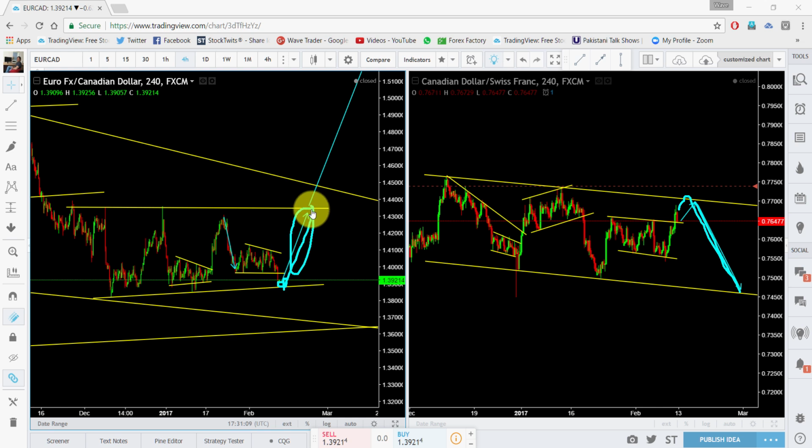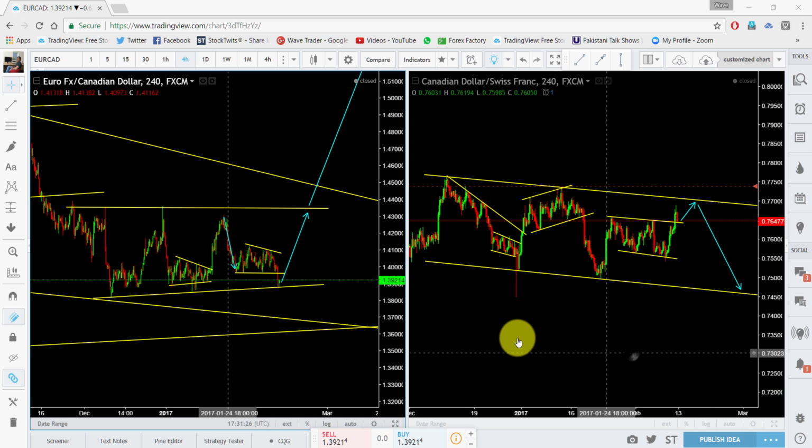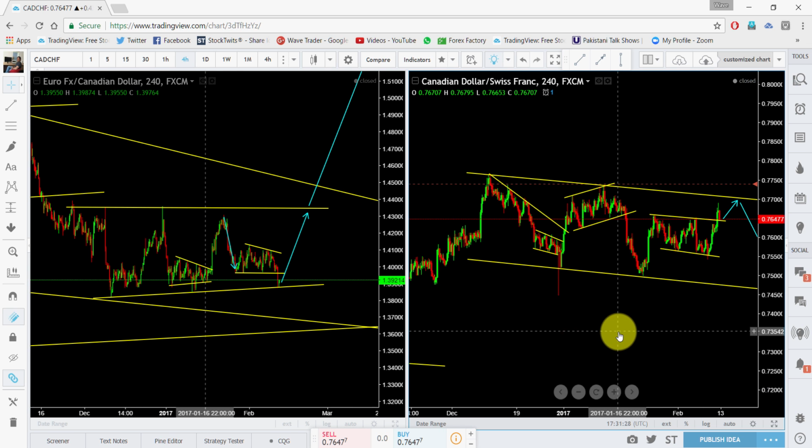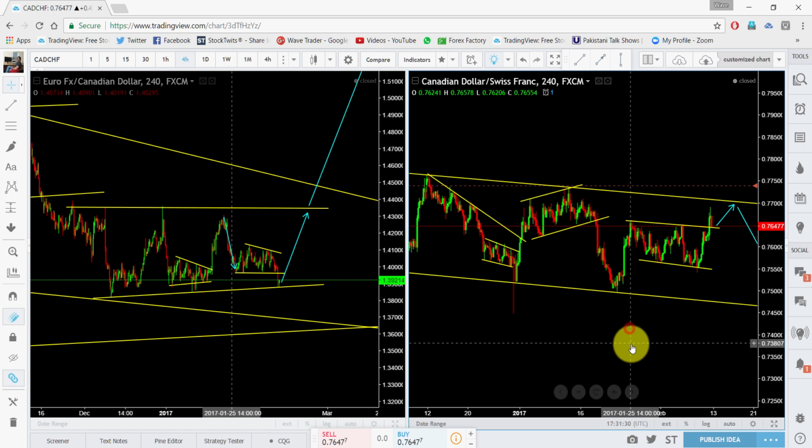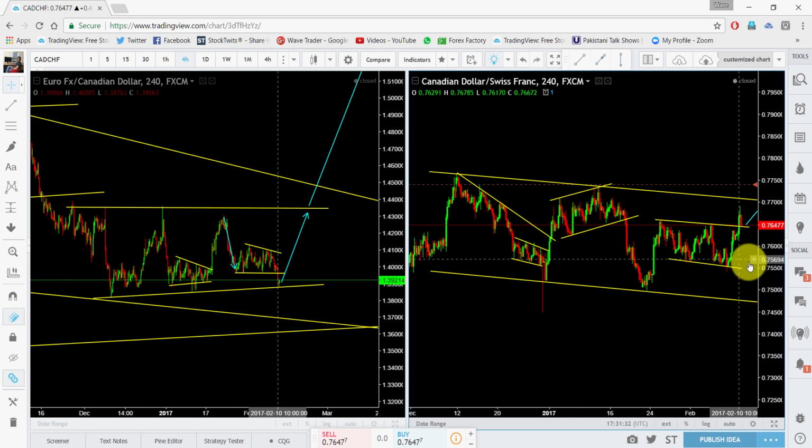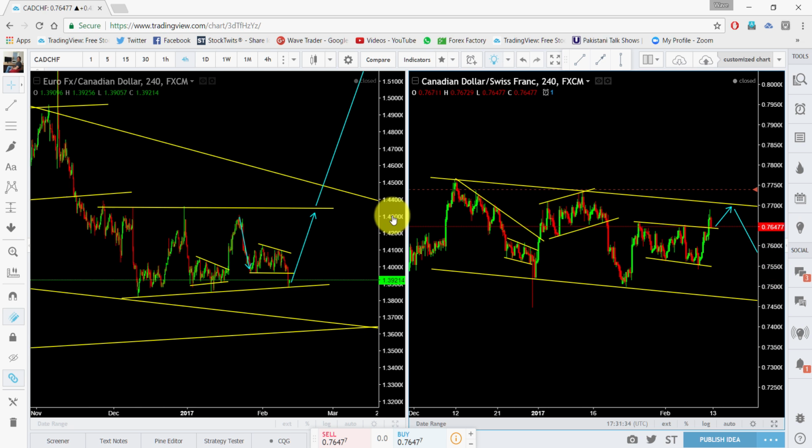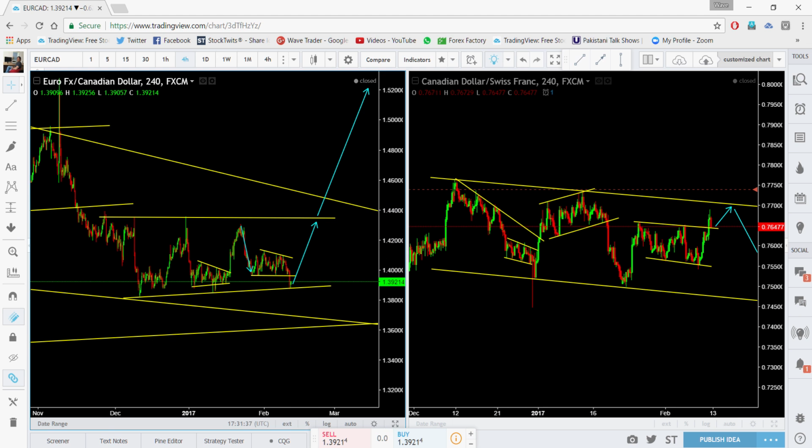Be careful on this pair as well, it can form a new high. So try to sell as close as you can to this high, near this high. All right, so let me explain to you guys how much similarity there is.